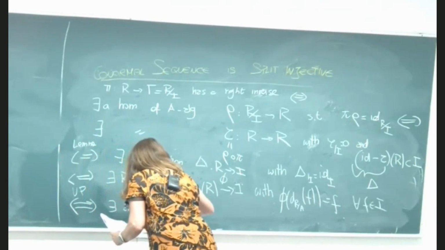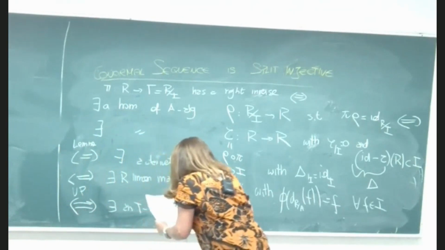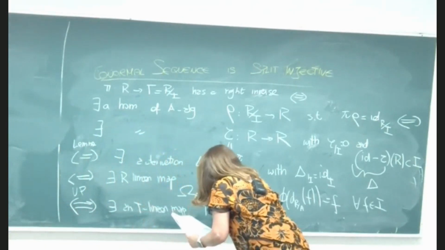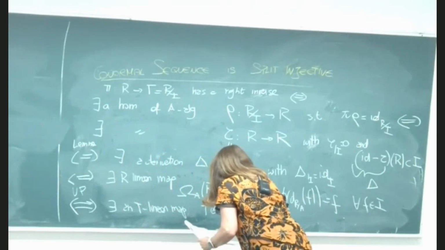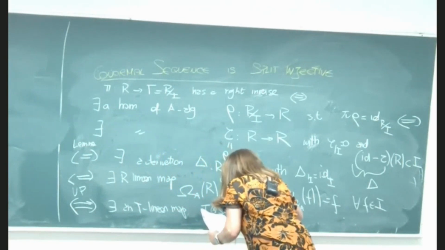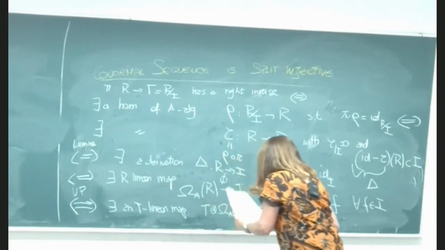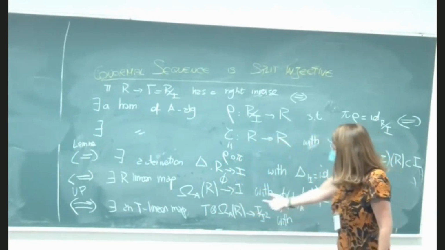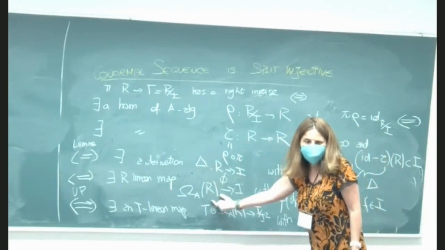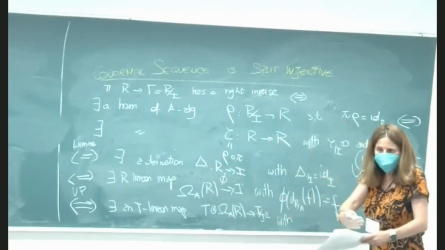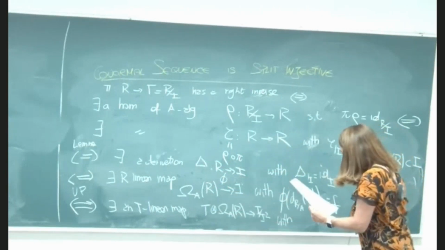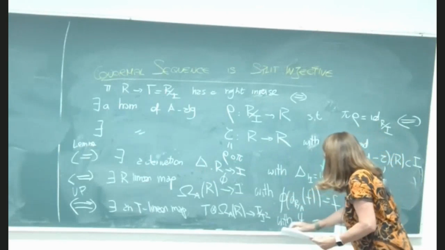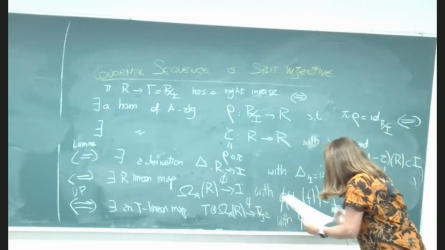Obviously you have to show also the inverse, which goes from T tensor omega over R to I over I square. And now, how is the map defined? It's just gotten by, you take the identity map and you tensor it with this map. That's it. It's the universal property of tensor product. And so this new map phi is defined exactly like it should.